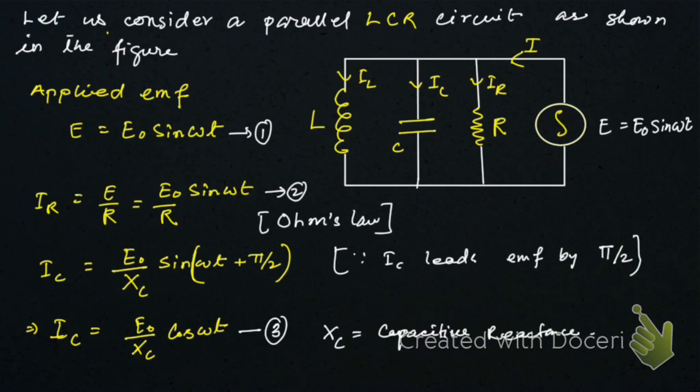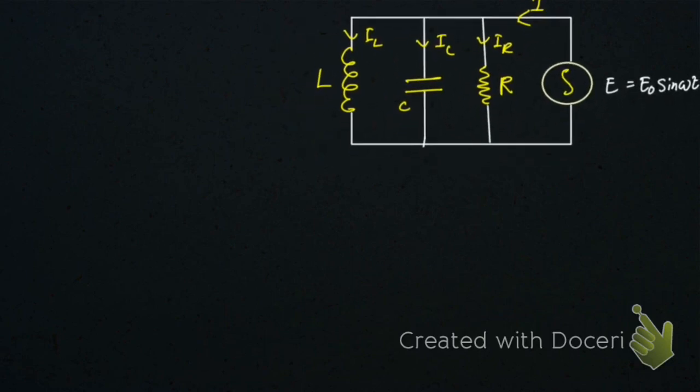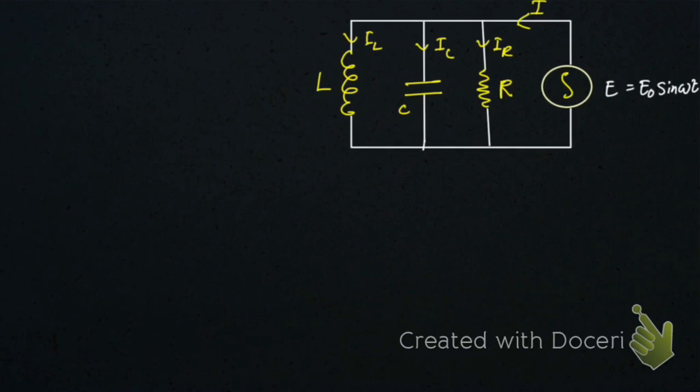Now what will be the current through the inductor of inductance L, that is IL? Let me go to the next slide and draw the diagram again. The current through the inductor, IL, is equal to E naught by the inductive reactance XL, sine omega t minus pi by 2. We have already studied that in an AC circuit with inductor only, the current lags behind the EMF by pi by 2.